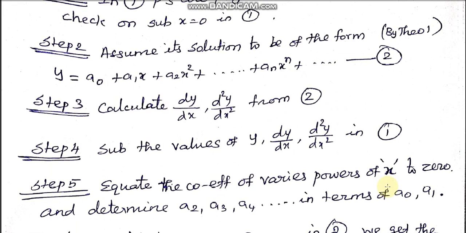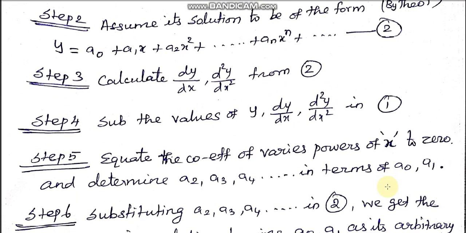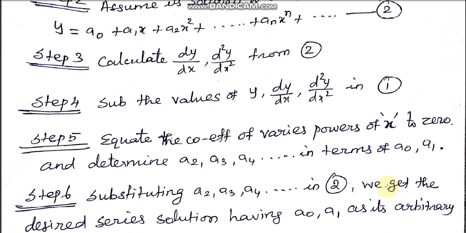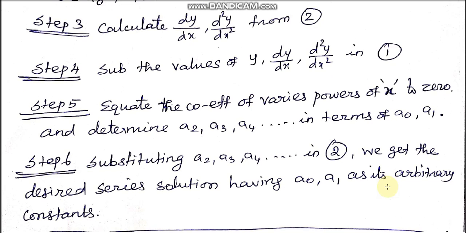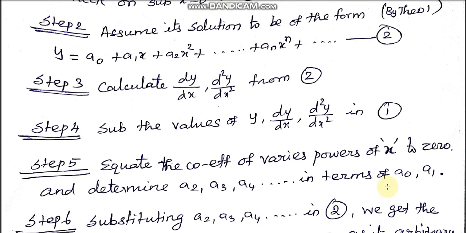Step 5, on equating the coefficients of various powers of x, we find the values of a2, a3, a4, etc. Step 6, on substituting the values of a2, a3, a4 in terms of a0 and a1 in equation 2, our solution equation, we find the required solution. So within 6 steps we can do it.